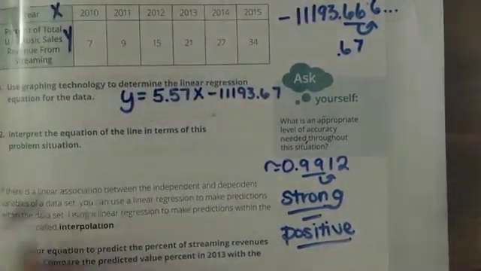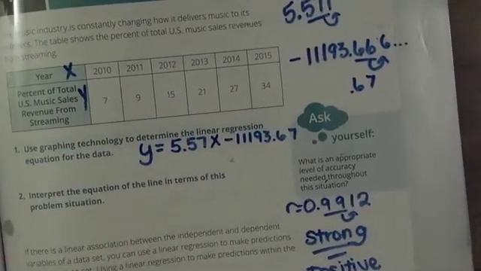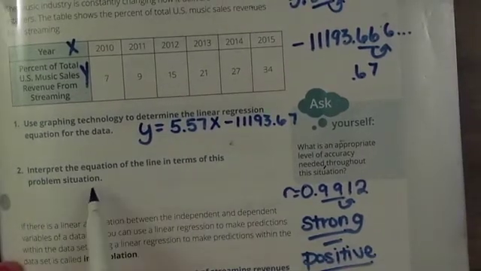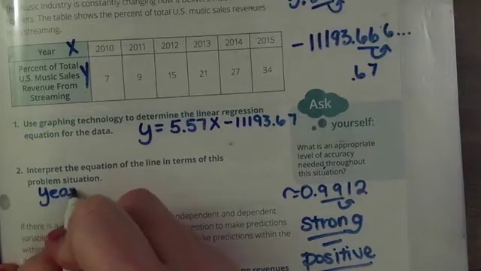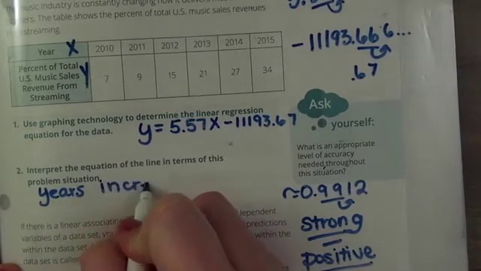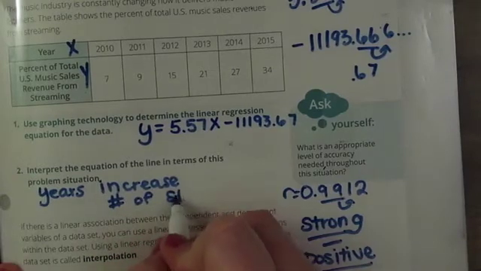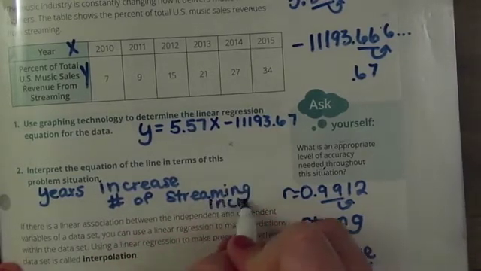So as the year goes up, the percentage is going up, which is what we saw and what we talked about. And that's what we said here: as years increase, the number of streaming increases.